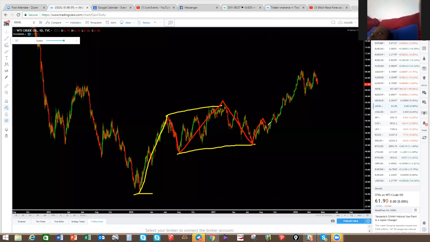We get a simple 1, 2, 3, 4, 5. After 1, 2, 3, 4, 5, what do we expect? We expect an A, B, C move. We've been forecasting this, not in hindsight. This is your B. Now we want oil to come back and retest that level before it starts going up.